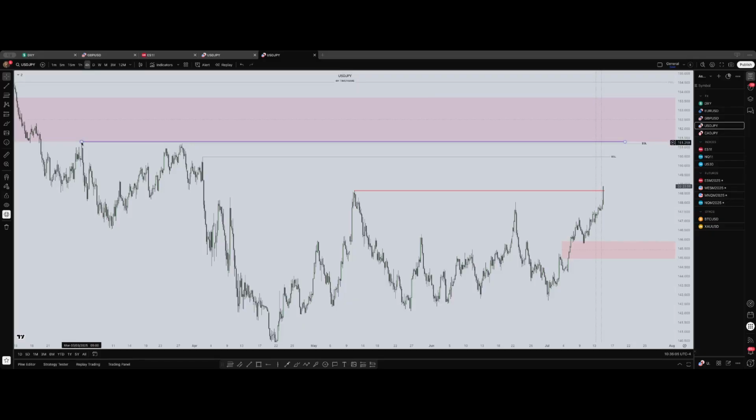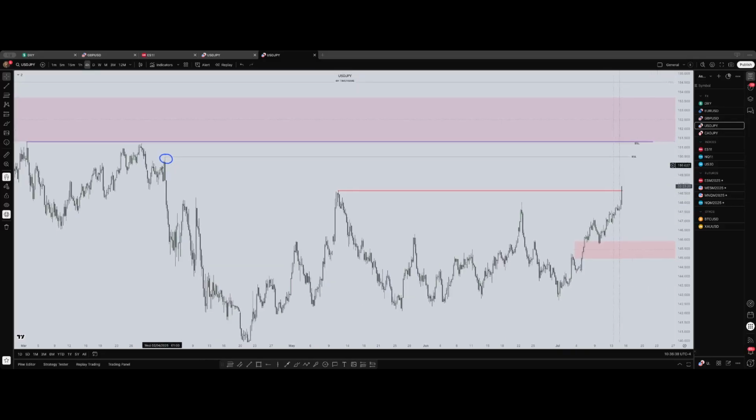I'm very interested in this level. Very interested. This one, this purple line. This buy side liquidity here. Next target will be this for the price. It doesn't mean that from here it will go like a rocket until here.